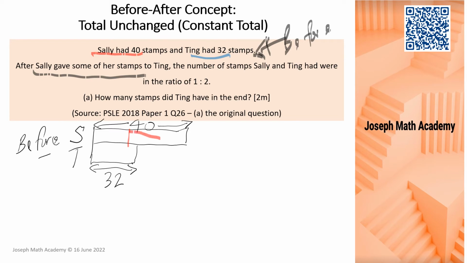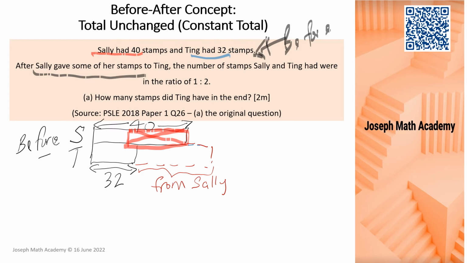Now I'm going to do a crossing. Cross out means this part is gone, and this part belonging to Sally is being transferred to Ting. So I'm going to draw a dotted line. This portion came from Sally.